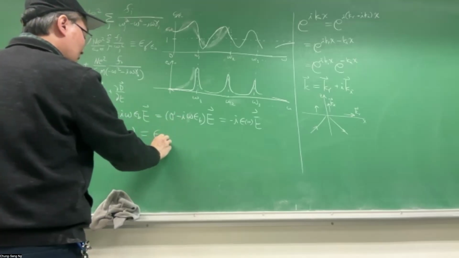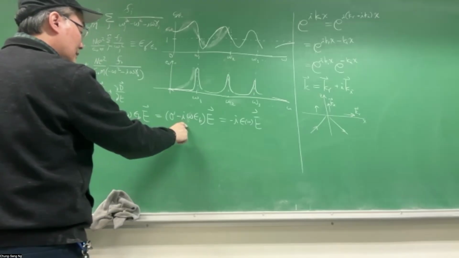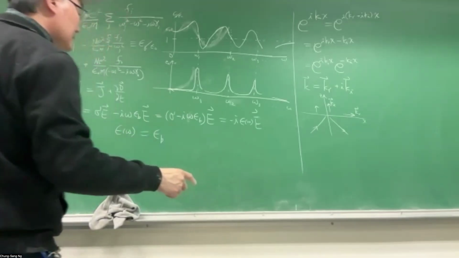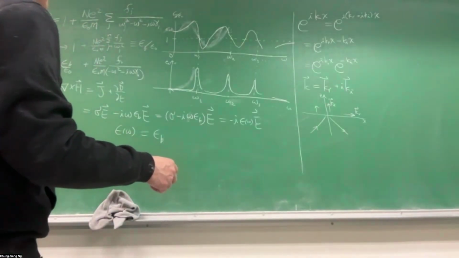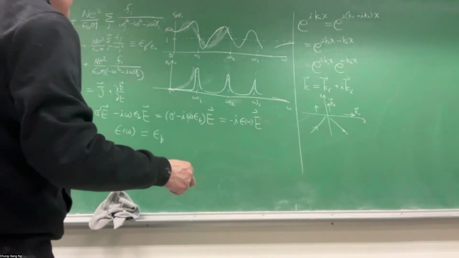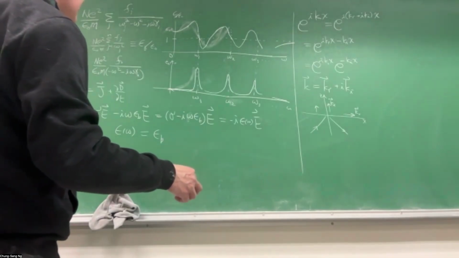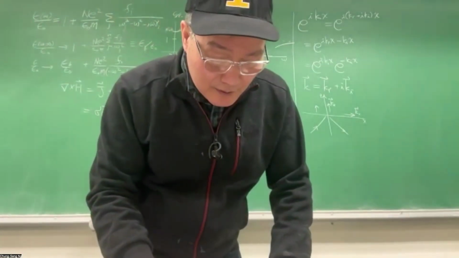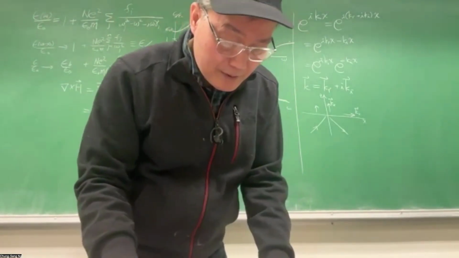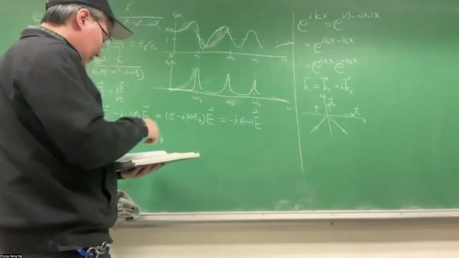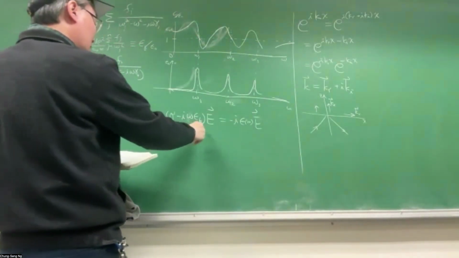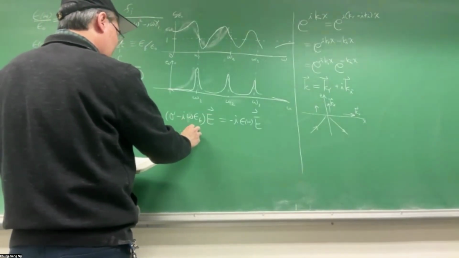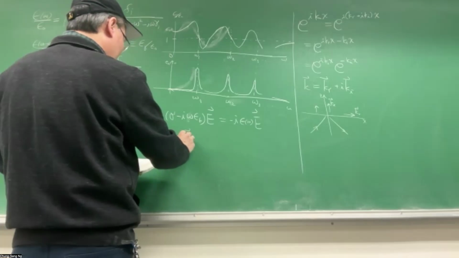So you have epsilon b, and then you have the sigma. Yeah, we have the epsilon b, and then this one divided by minus i omega becomes plus i sigma divided by omega.